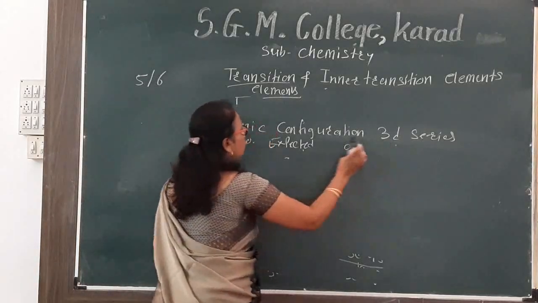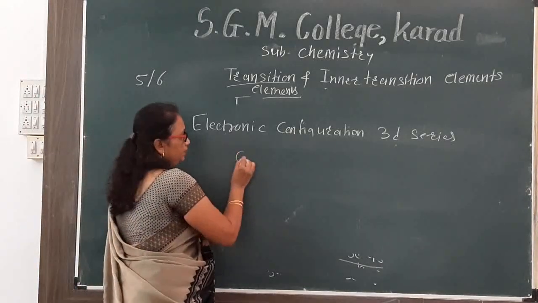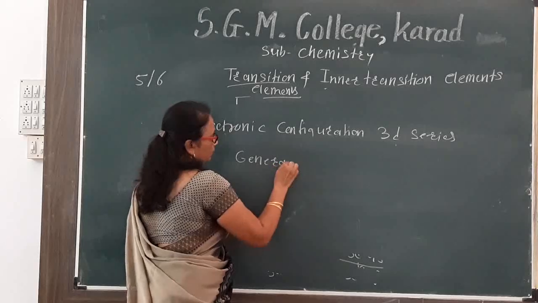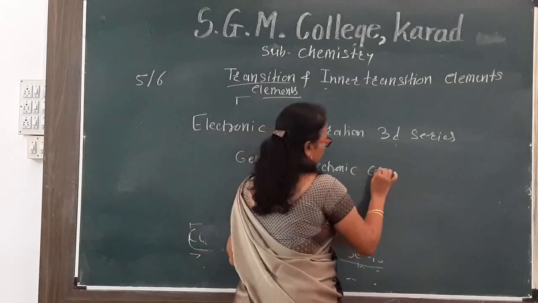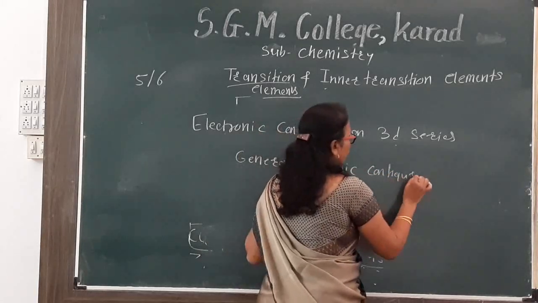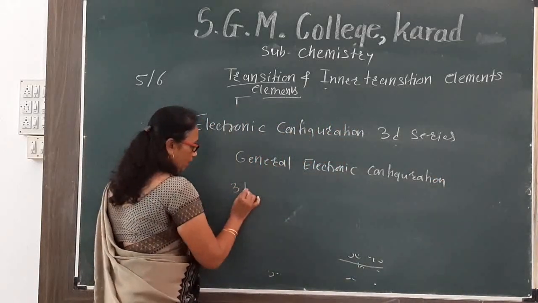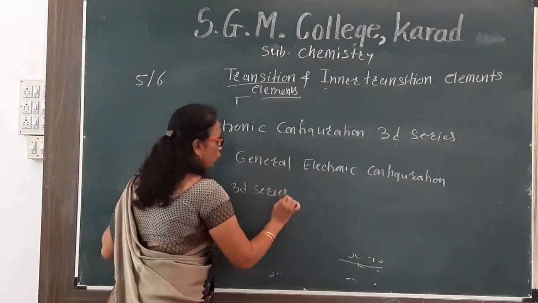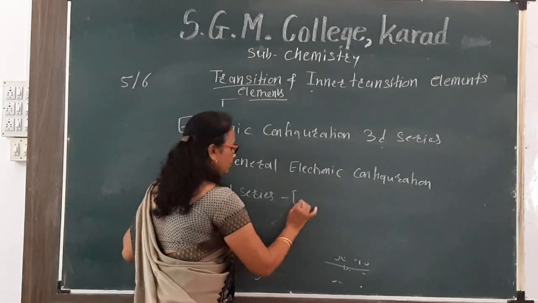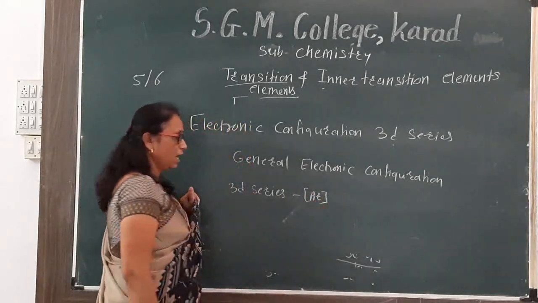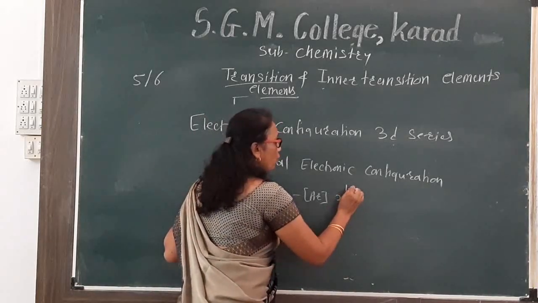This is the electronic configuration of the 3d series, and now the general electronic configuration of the 3d series. The outer electronic configuration is not complete as argon; 3d electrons are filled from 1 to 10.